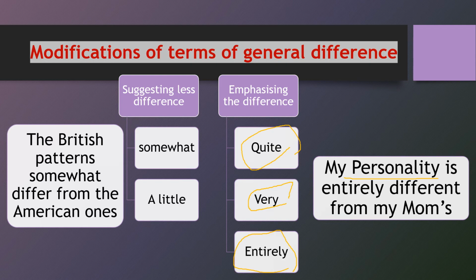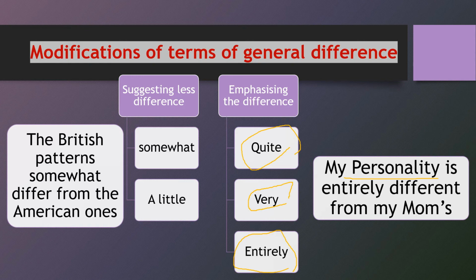In the other case, when you are suggesting less difference, which are not pretty much different from each other, you are suggesting that there are slight few differences between the two things. For example, you are saying the British patterns are somewhat different from the American ones. Okay? Or you can say a little different from the American ones.